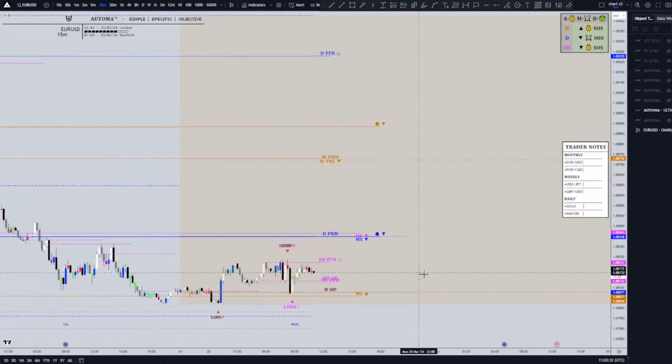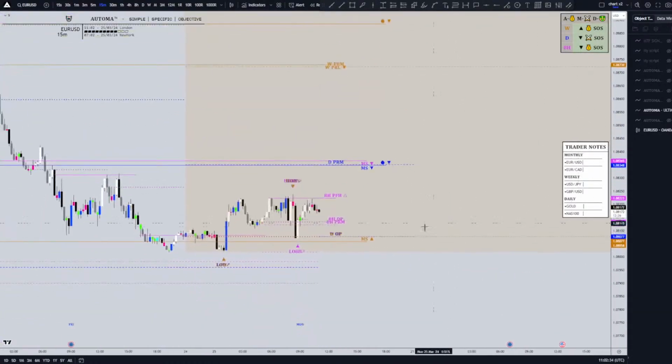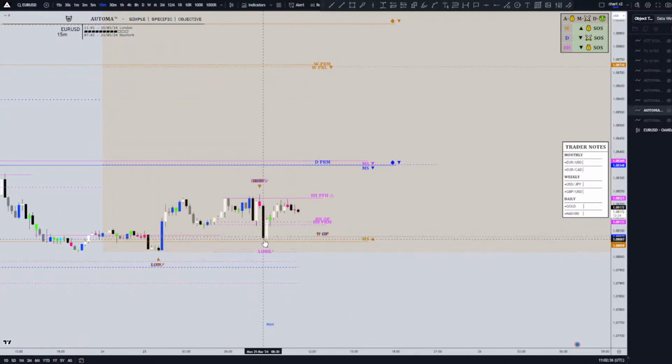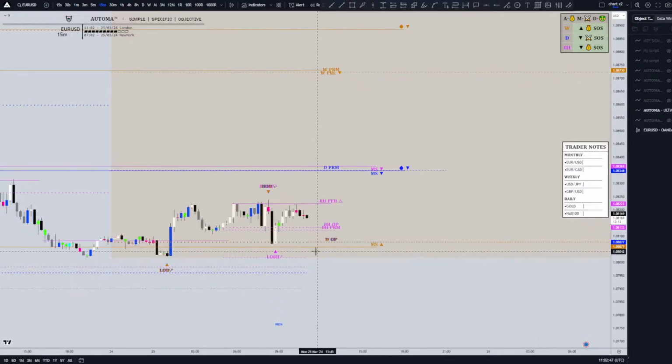Monitoring the long from weekly open. Break even, I mean partial risk free.